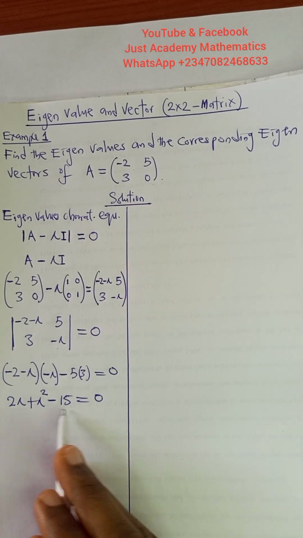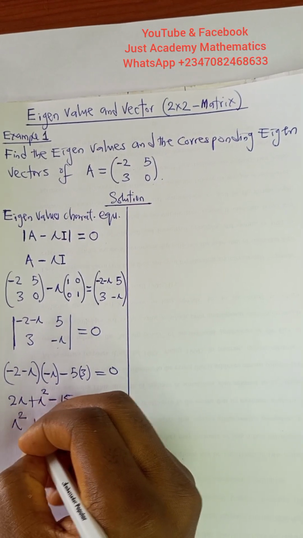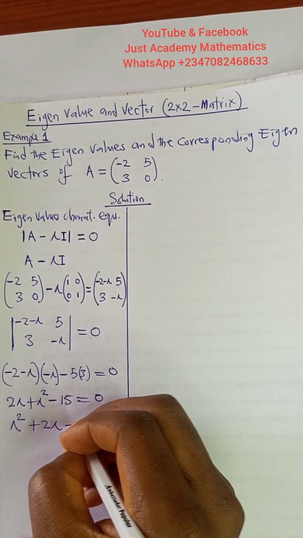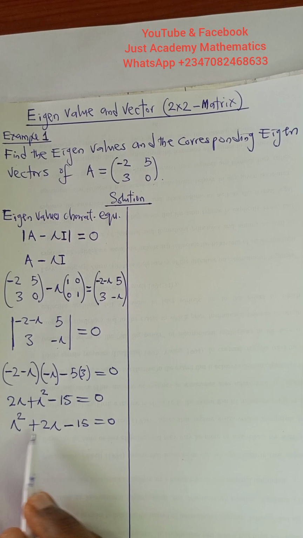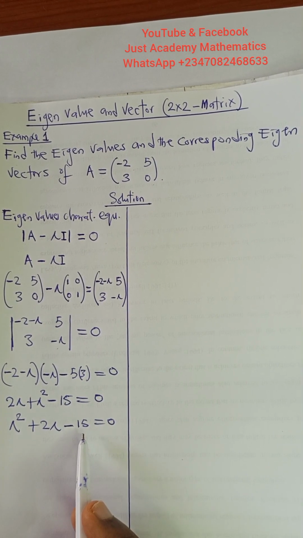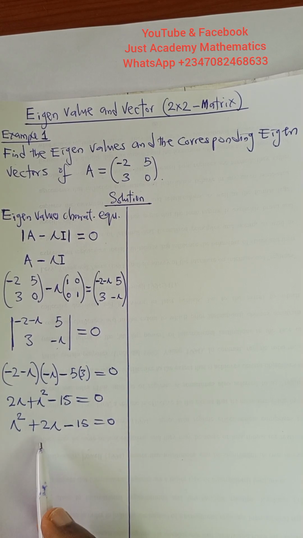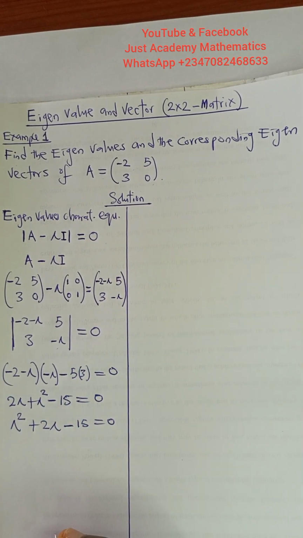This is now a quadratic equation which can be written as lambda square plus 2 lambda minus 15 equals 0. To factorize this, we need two numbers that add to give 2 and multiply to give minus 15. That should be plus 5 and minus 3. Plus 5 minus 3 gives us 2, and plus 5 times minus 3 gives us minus 15. That is just mere factorization.